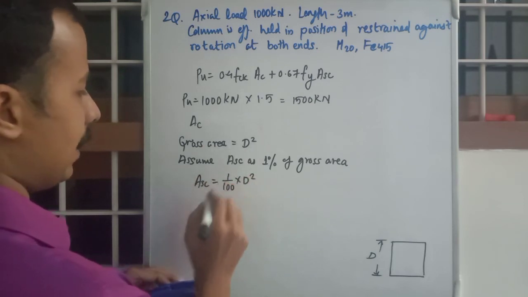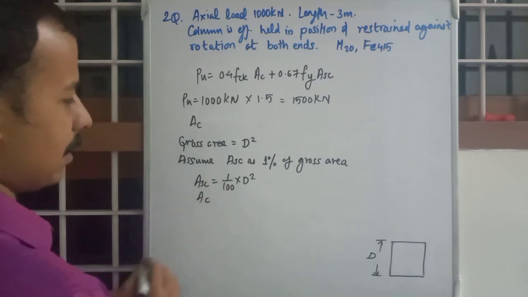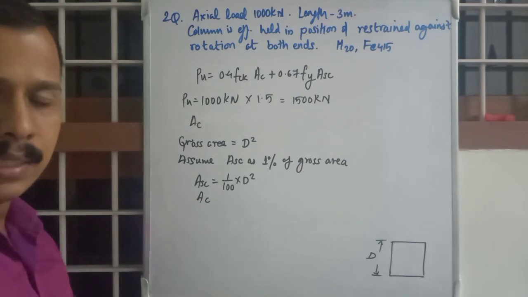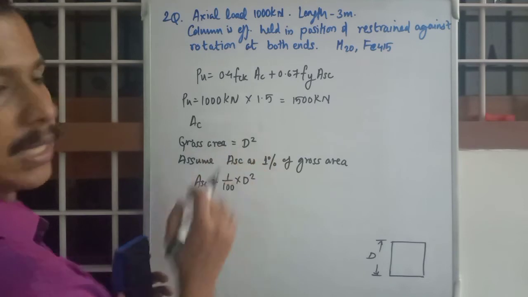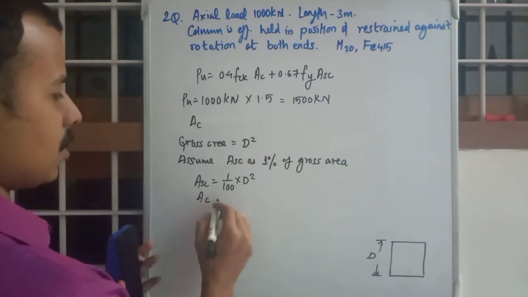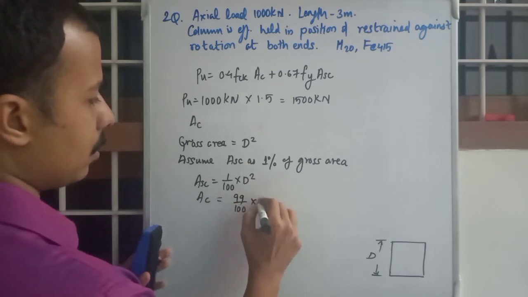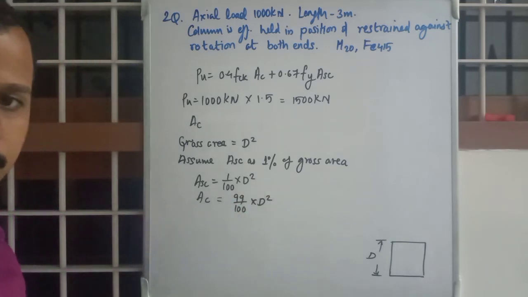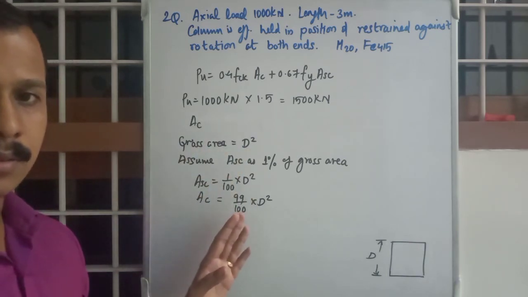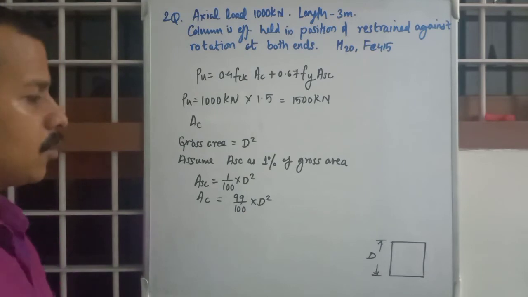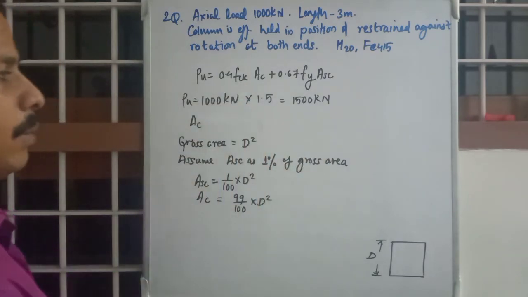And what will be AC, the area of concrete? It will be the remaining. In the previous problem we subtracted this part from the gross area, but in this case you can write it as 99 by 100 into D square, right? Adding these two, you will get D square. That's it. No further explanation needed. So we substitute these values into PU.